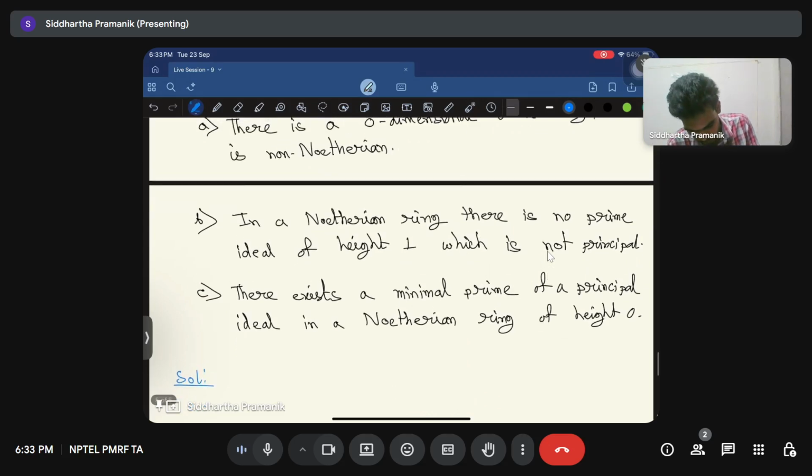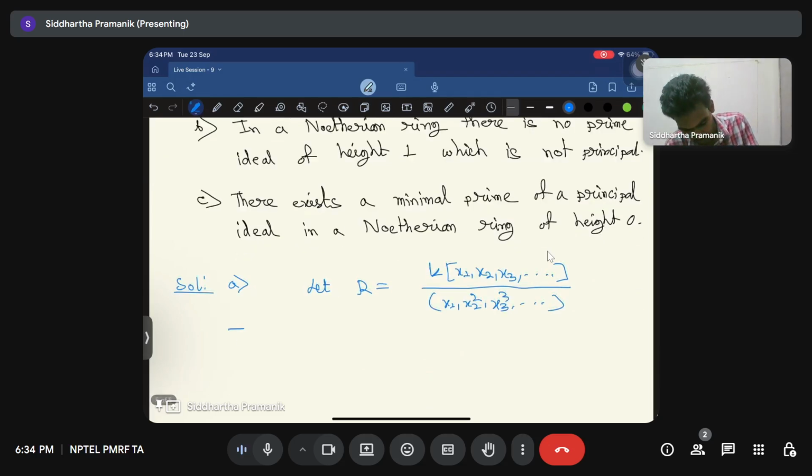let's see this example. Let R be the polynomial ring in infinitely many variables, and take the quotient of this by the ideal (x1, x2 square, x3 cube and so on).